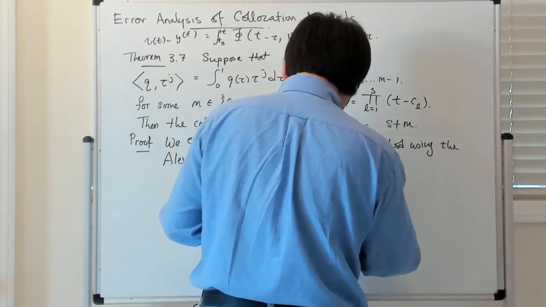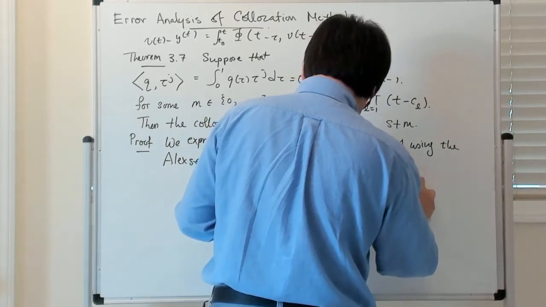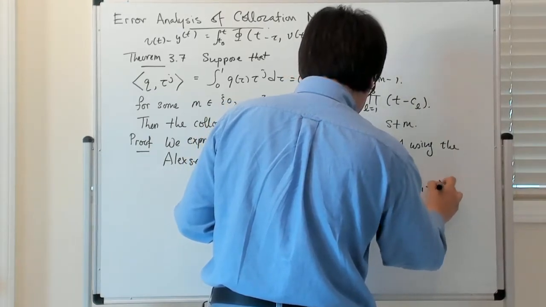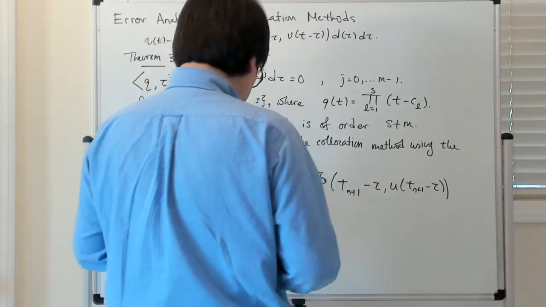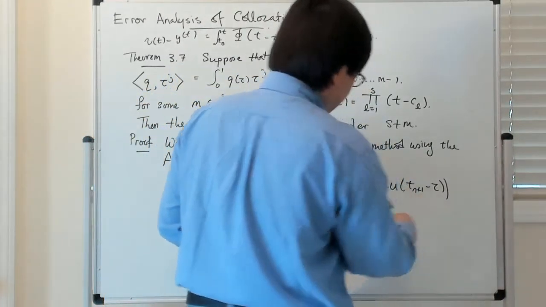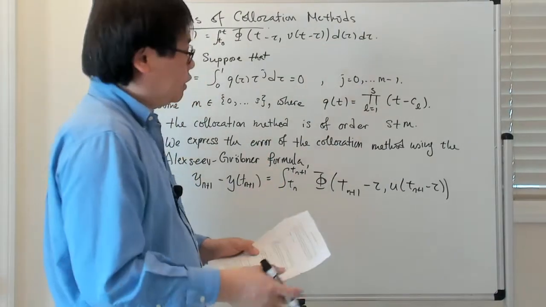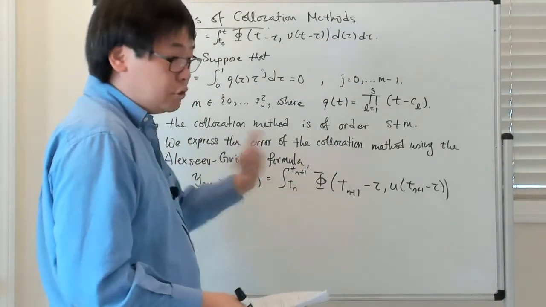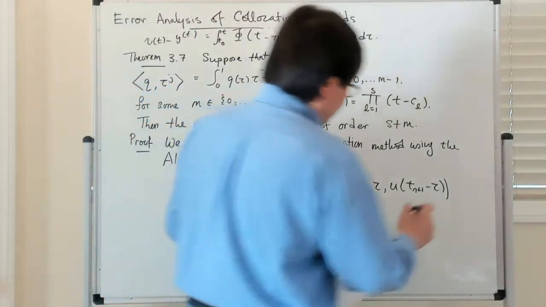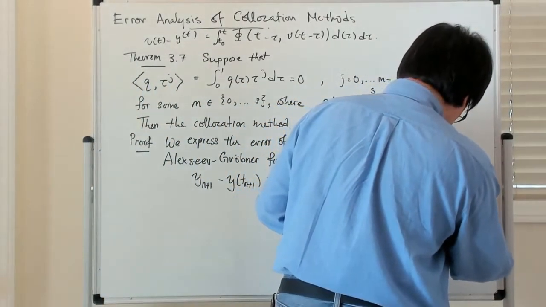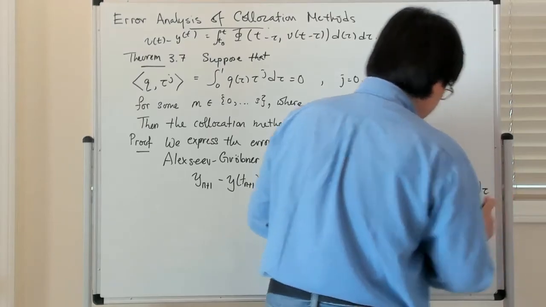evaluated at Tn plus 1 minus tau, u of Tn plus 1 minus tau. Where u, if you recall, is the element of the polynomial space which is used to define the collocation method. And then there's the defect d of tau.